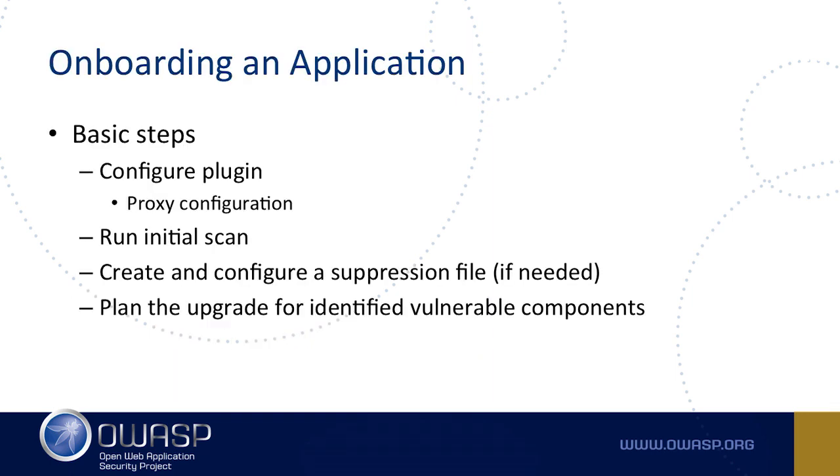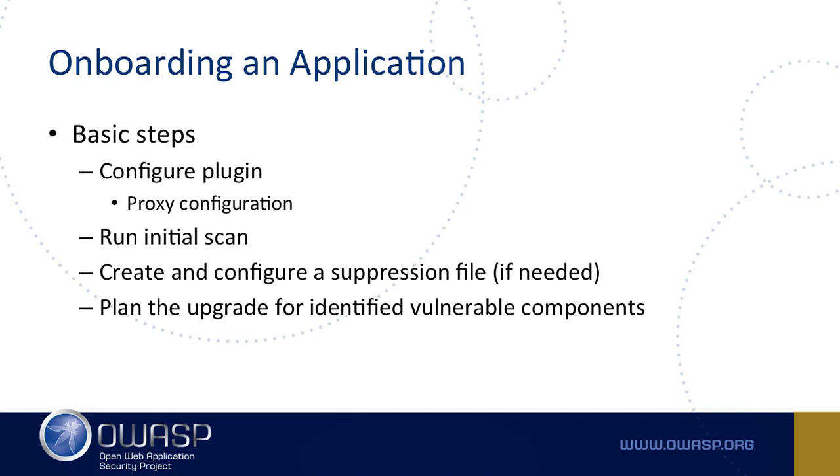So one of the things when you're using Dependency Check is there's always an onboarding when you have to onboard a new application. And the basic steps: the best place to integrate this is into a build system like Maven or Gradle or SBT. Jenkins works also. So you have to configure the plugin. There is a command line interface for those of us who might be auditors or something like that, or don't have access to the build system.